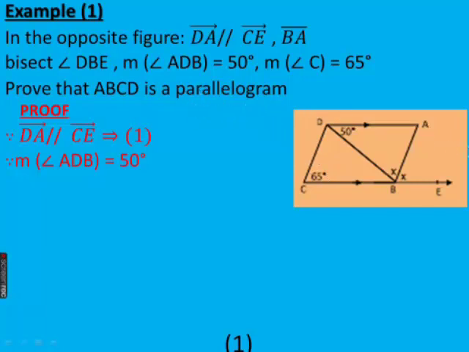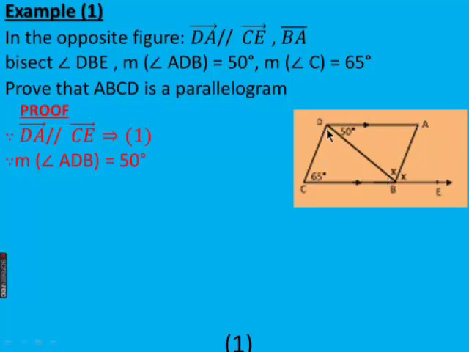From the properties of the parallelogram, ABCD is a parallelogram if each two opposite sides are parallel. Now we have AD parallel to CB from the given, and we want to prove that BC is parallel to AB.